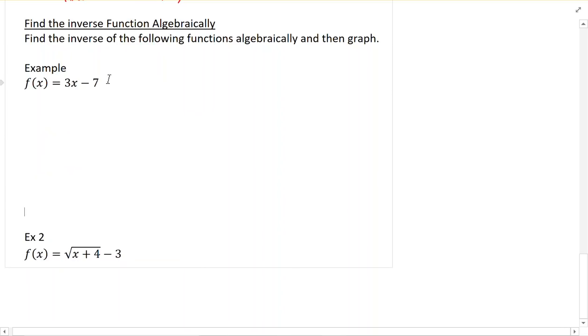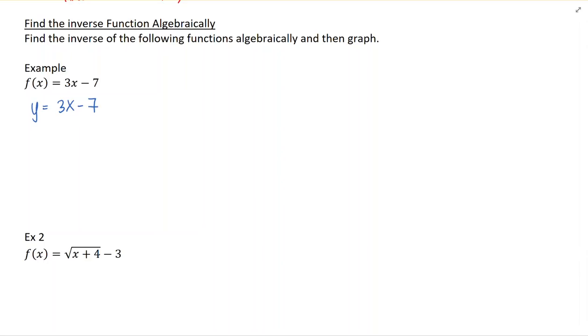Okay, so our first example here is f of x equals 3x minus 7. The first thing you'll do is change the f of x to a y. So it's going to be y equals 3x minus 7. The next step is you're going to switch the x and the y, because that's what you do with an inverse function. So you're going to have x on this side, and the y there.